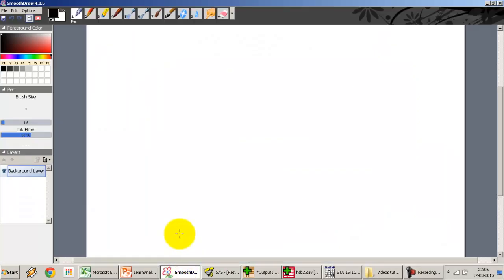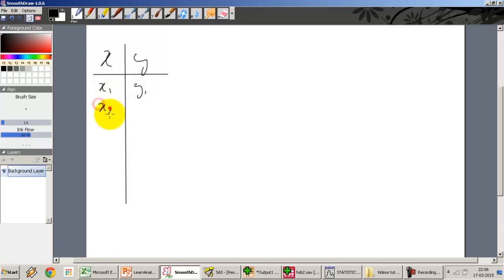So for example, if we have two variables, let's say x and y, and we have observations for these two variables, each observation pair becomes x1, y1, x2, y2, x3, y3, all the way till xn and yn.